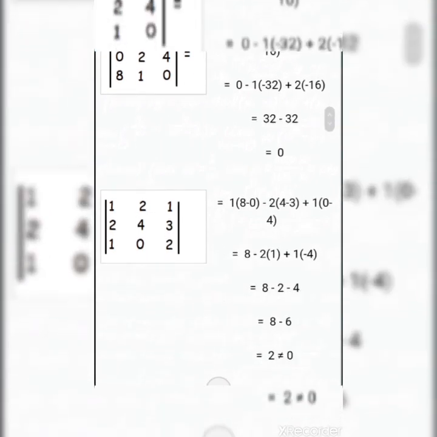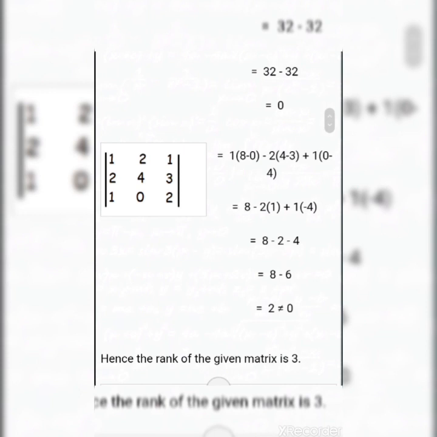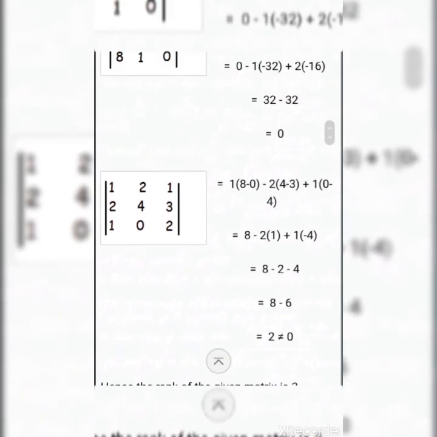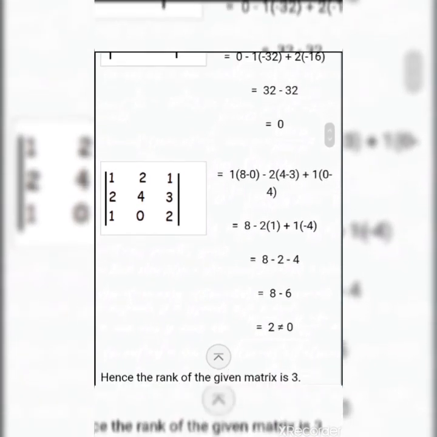Okay, next: 1 2 1, 2 4 3, 1 0 2. We expand along R1 and we get the determinant value is 2. Hence the rank of the given matrix is 3.